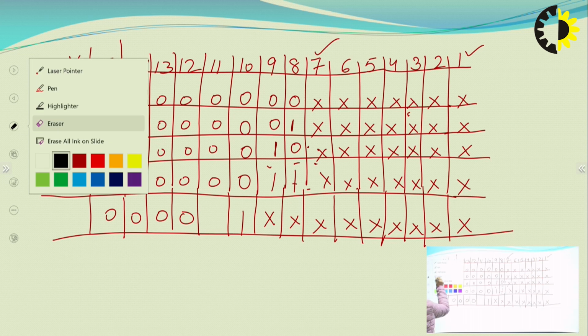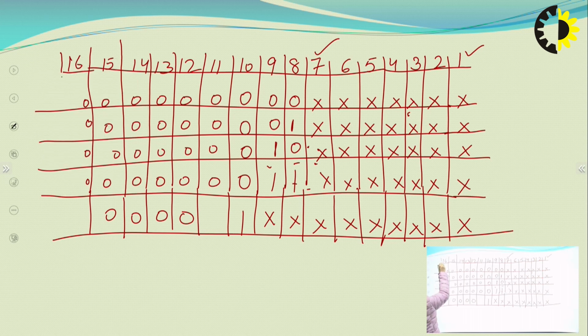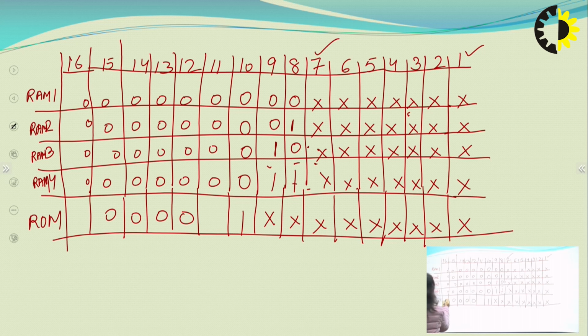And here we are constructing one more line for the RAM: RAM 1, 2, 3 and 4. Then this is the ROM chip, like this. And we are putting this value to be 0 for all these contents.